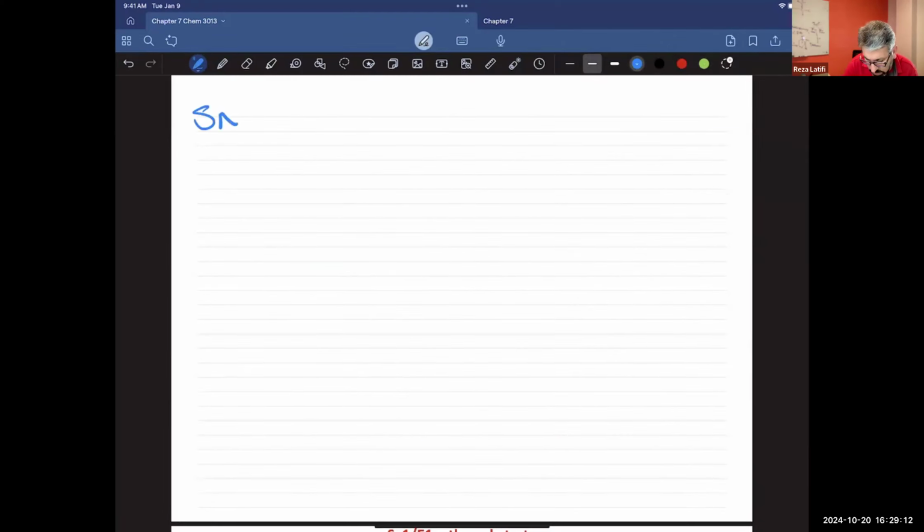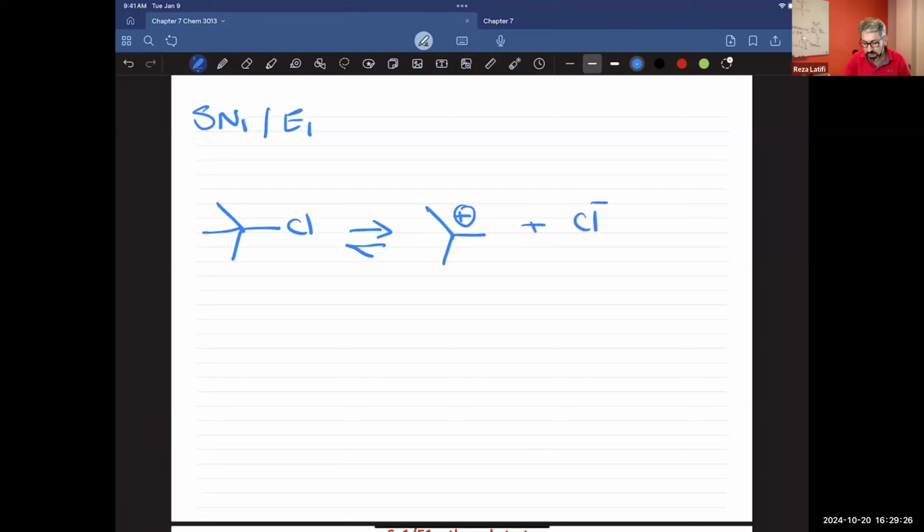Well, when it comes to SN1 or E1, we say the first step of the chemical reaction is creating a carbocation. And the rate of the reaction, we write it this way. We say K multiplied by the concentration of the substrate.